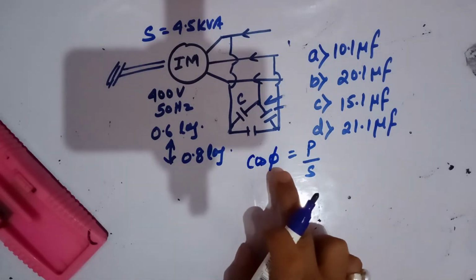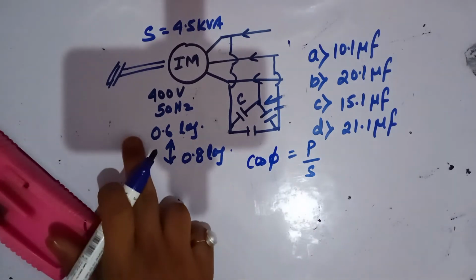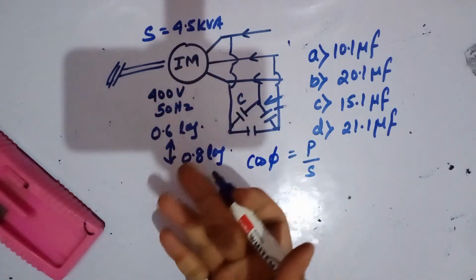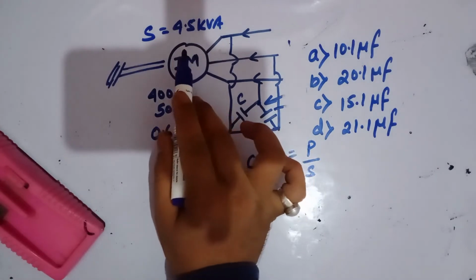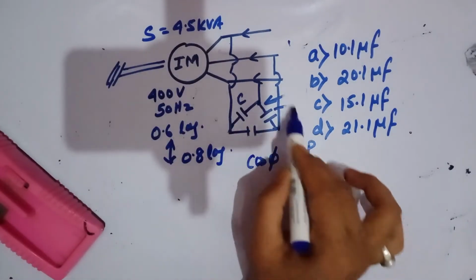What about phi? You have two angles, 0.6 and 0.8. Initially, when your motor is manufactured in the industry, this capacitor bank is not involved.